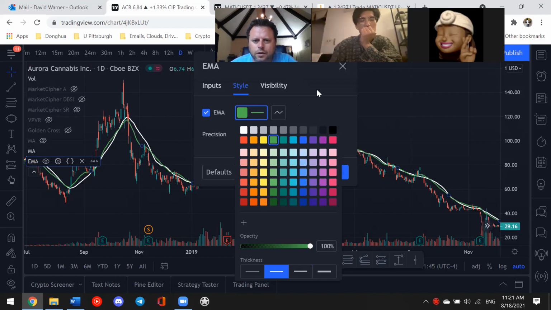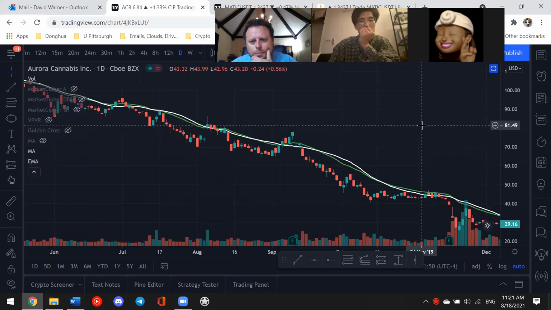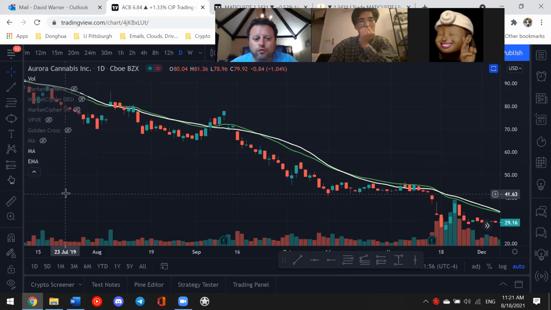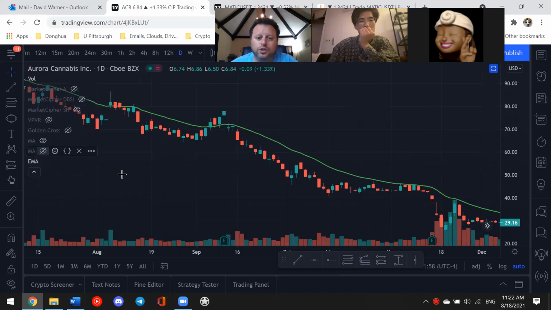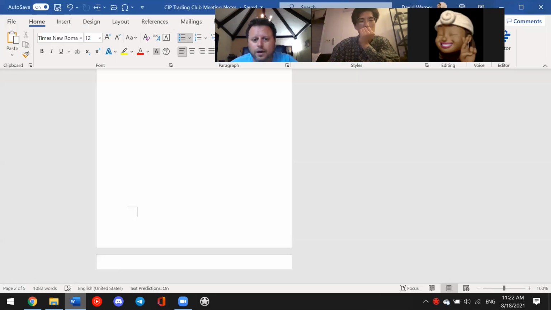As you can see, the green line hugs the price a little bit closer. The white is a little bit farther away. The green is a little bit closer. Now this green 21, that's what I usually use as an indication.